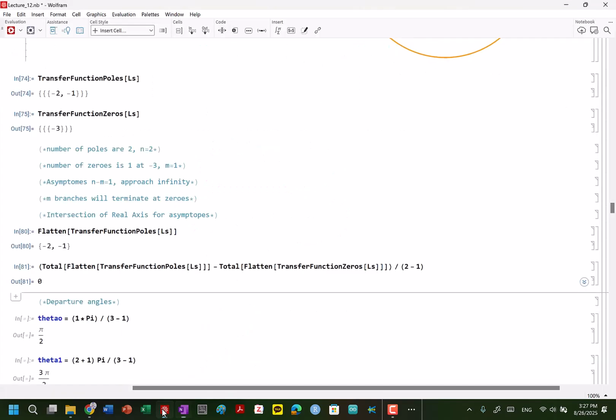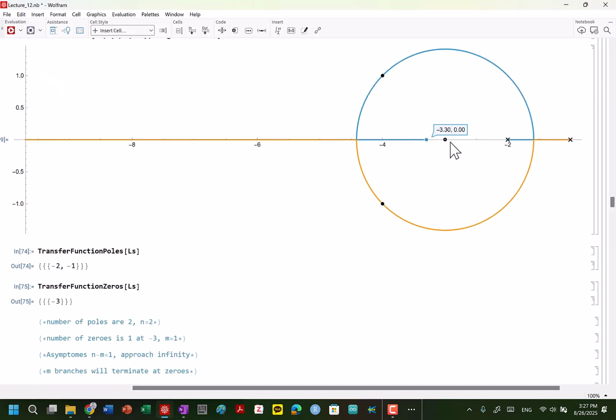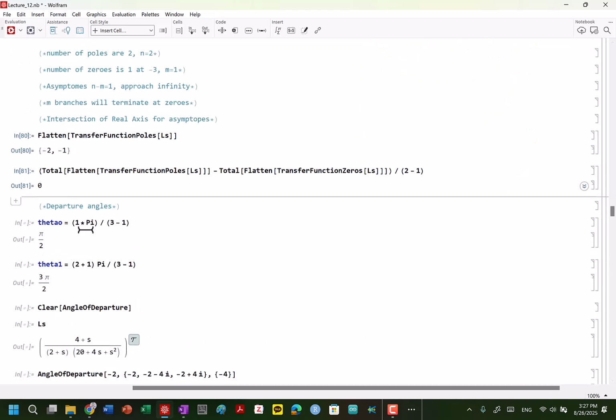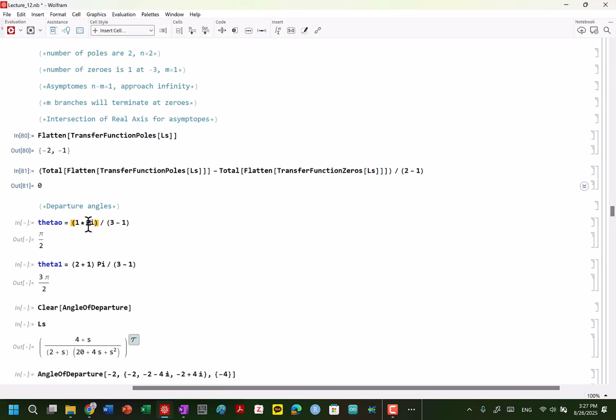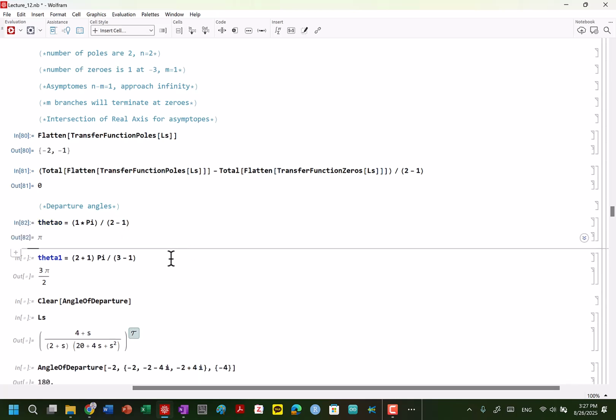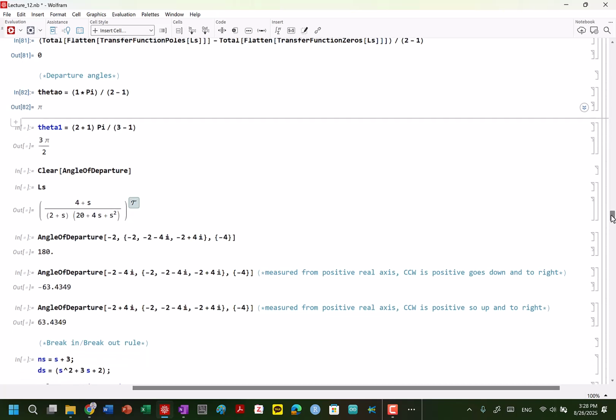So we're saying this is 0. For the branch that goes to infinity, it's going to intersect the real axis at 0. That makes sense because we're lying on that real axis. What about the angles? There's only one branch, so it's just going to depart at pi over 2 minus 1, which is pi. Fantastic, because it's just going there. Look at us, we're just moving along.